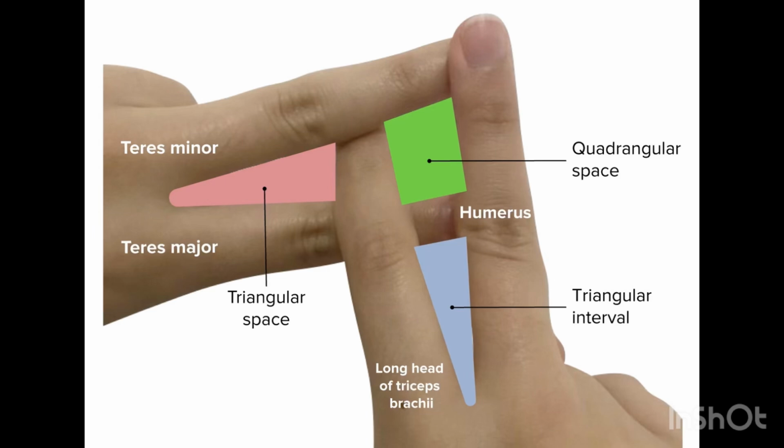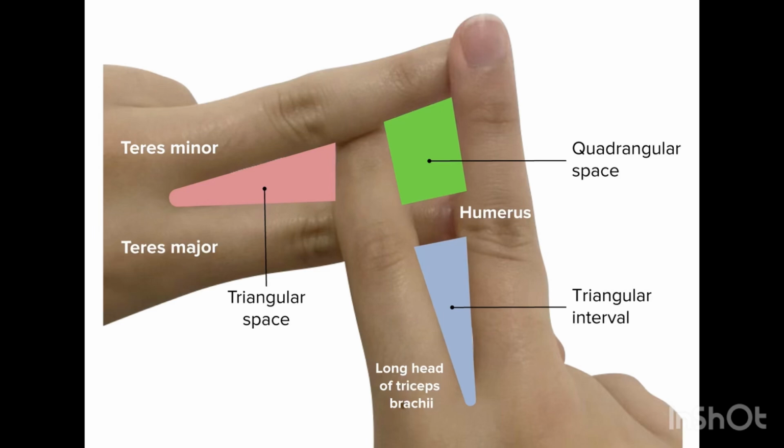For the first boundary, we have superiorly. So what is bounding the quadrangular space superiorly? Superiorly, it is bounded by the teres minor posteriorly, the subscapularis anteriorly, and the capsule of the shoulder joint between the two muscles. Very simple, it is bounded by the teres minor. For your exam, they can also say teres minor.